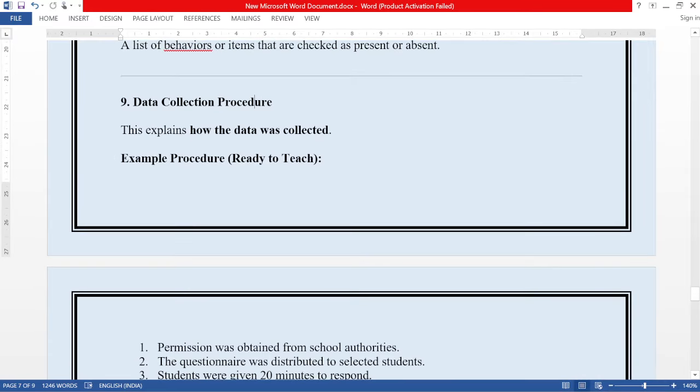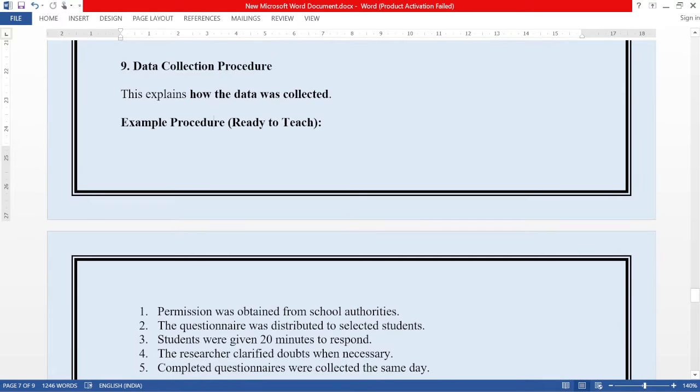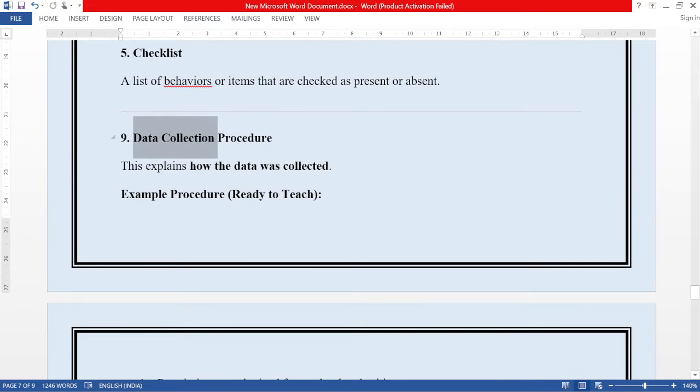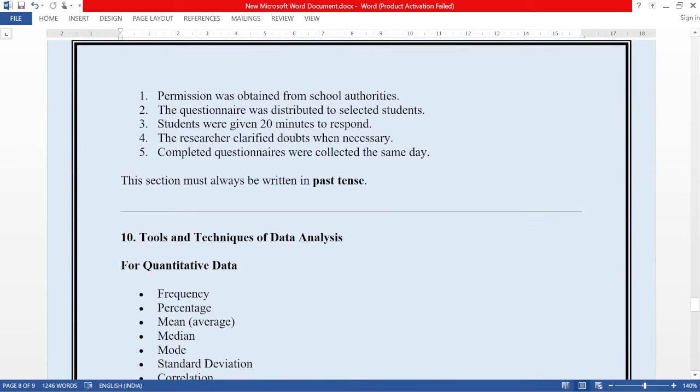Data collection procedure explains how the data was collected. For example: permission was obtained from the school authorities. The questionnaire was distributed to selected students.